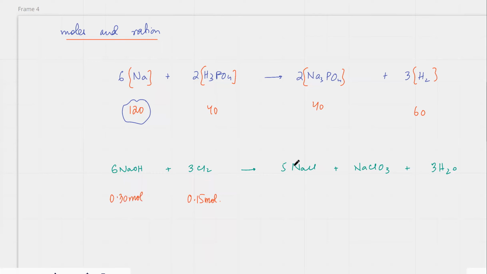What about NaCl? Take 0.15 divided by 3, multiply by 5. What do you get? 0.25. So you're getting 0.25 moles. Now the other one, and remember you can use any one for the ratios. You can pick this one, 0.25 divided by 5 times 1. 0.5.